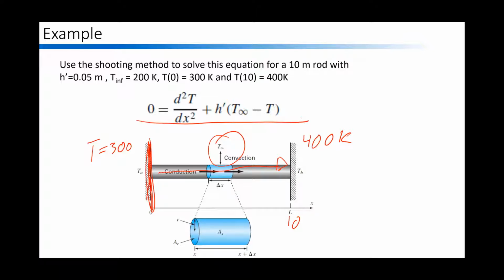For those of you who are in heat transfer right now, this might look quite familiar. If not, no worries. I've already solved out the heat transfer problem and just turned it into math.